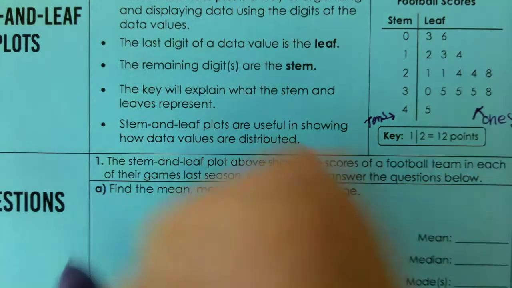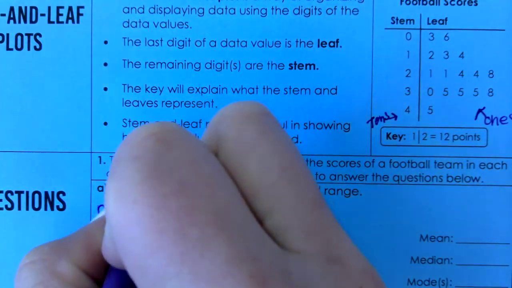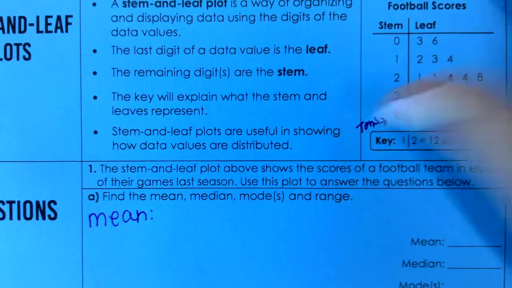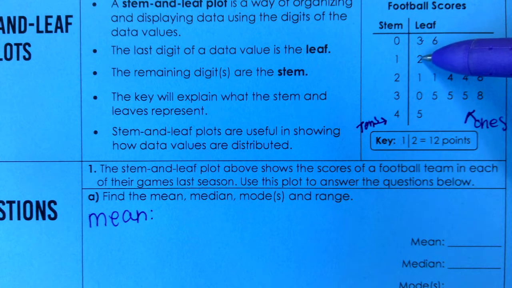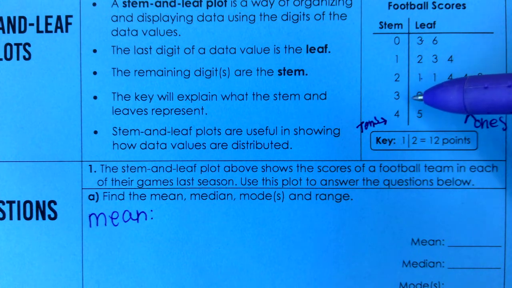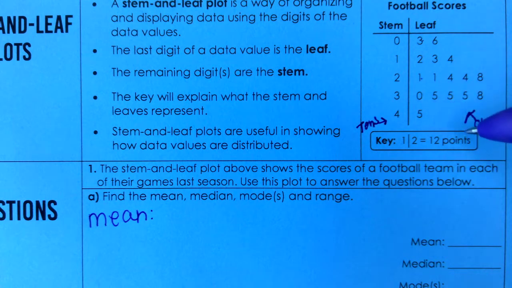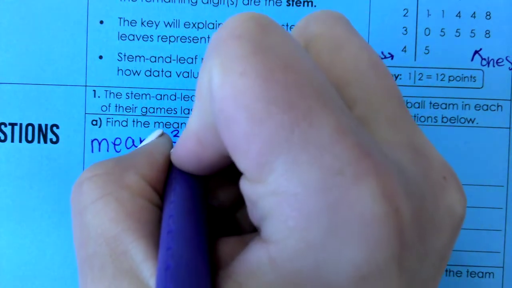So what I'm going to do is add up the numbers: 3 plus 6 plus 12 plus 13 plus 14 plus 21 plus 21 plus 24 plus 24 plus 28 plus 30 plus 35 plus 35 plus 35 plus 38 plus 45. That's going to get me the sum to be 384.